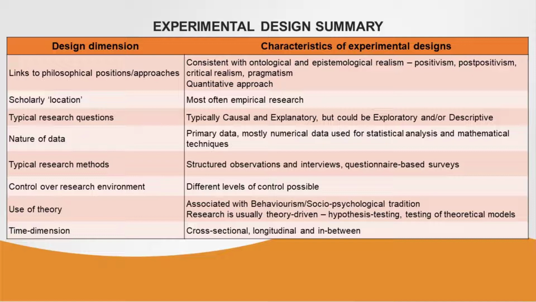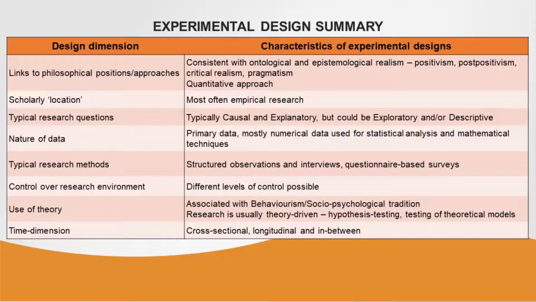Experimental research is suited for answering causal and explanatory questions, but also exploratory and descriptive questions in some instances. Experimental work is usually quantitative research using mostly statistical analysis and mathematical techniques of analysis. Specific research methods are most often structured observations, questionnaire surveys, and interviews.